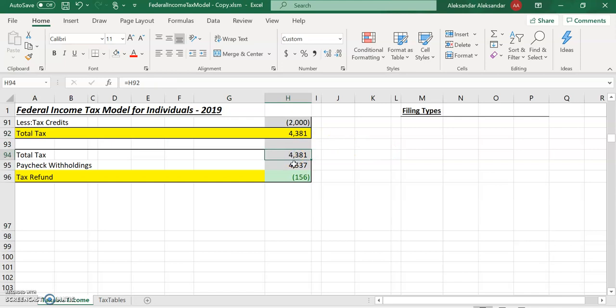And we arrive either at a tax refund or a tax due. Again, I have a built-in formula here to tell me if it's a refund or a due, but basically you can see which is more, your withholdings or your total tax, and figure out your refund or tax due.